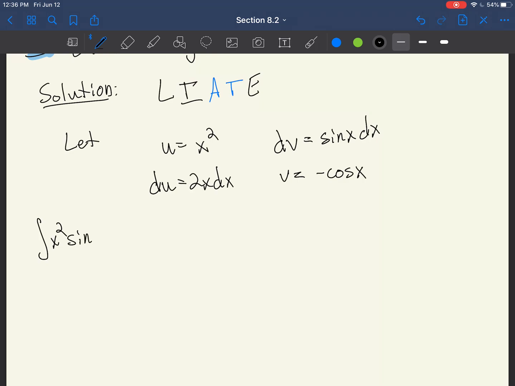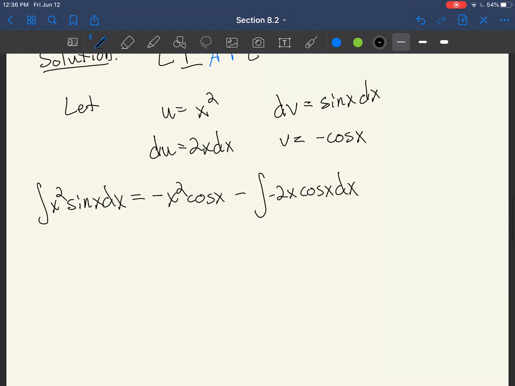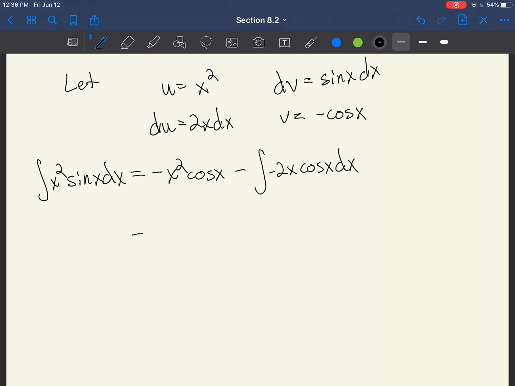So the integral of x squared sine x dx equals uv, which is negative x squared cosine x, minus the integral of v du, which is minus the integral of negative 2x cosine x dx. And let's just clean that up a little bit.